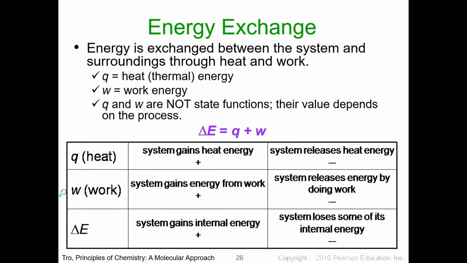Let's look at it. Q, that is heat. Q is positive when the system gains heat energy. So if the system is gaining heat energy, then our Q is positive. But if it is the system that is releasing or losing heat energy, then our Q is going to be negative.